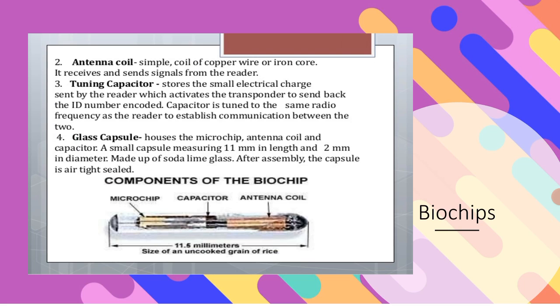As the name says, it has the capacity to store small electric charges, that will activate the transponder to return back the identification number that is present on the computer microchip. And the last part in the transponder is the glass capsule. The glass capsule covers and holds this assembly together, so we can call this glass capsule the house for these components.